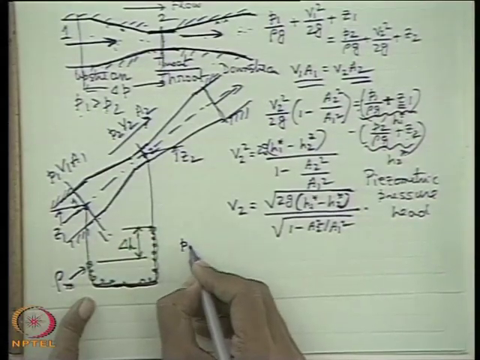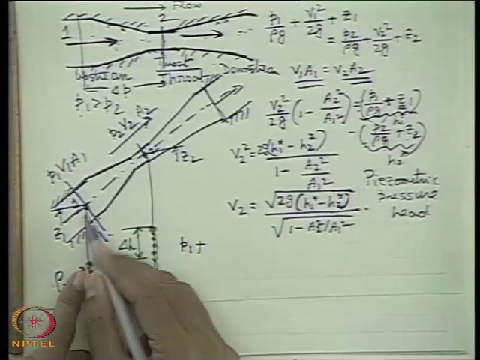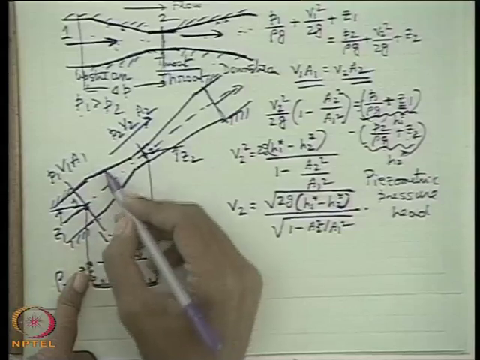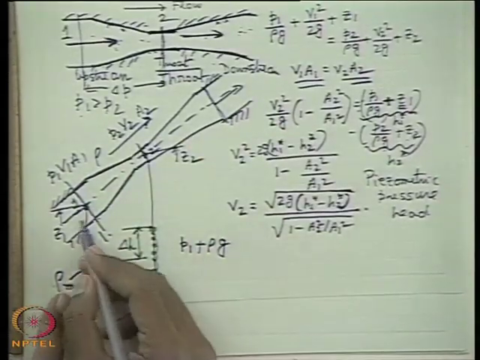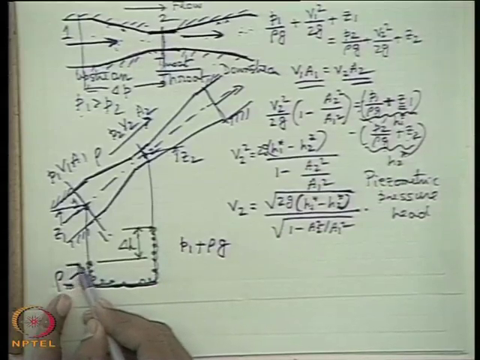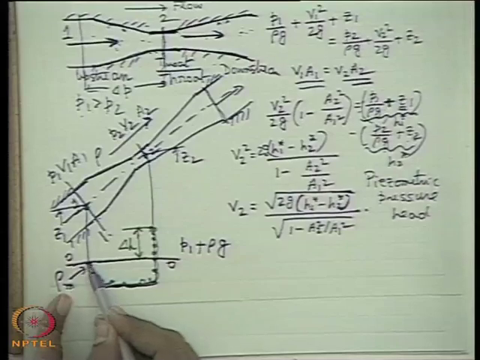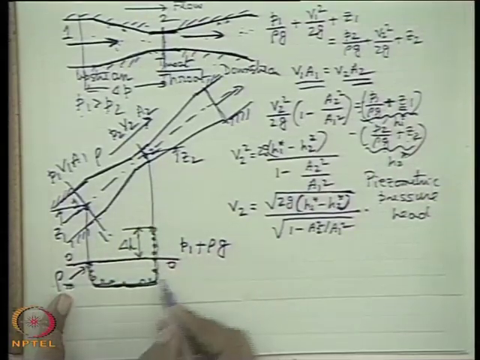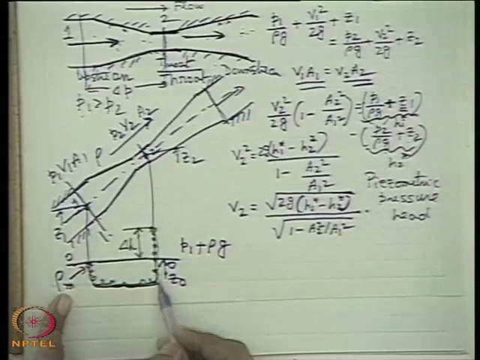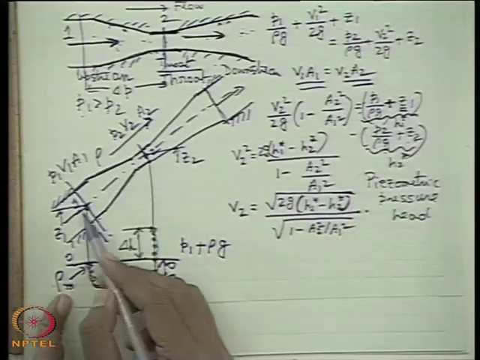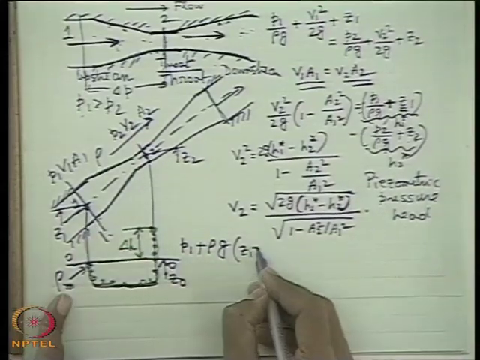Now, recalling hydrostatics, P1 plus rho g Z1, where rho is the density of the working fluid, that is the fluid flowing through the pipe and the venturimeter. Let us consider this level as level O-O, where we find the pressure from both sides and equate it, and let the elevation be Z0. It is easy if we define the elevations like that from a reference datum to find the height. That means this height is Z1 minus Z0.